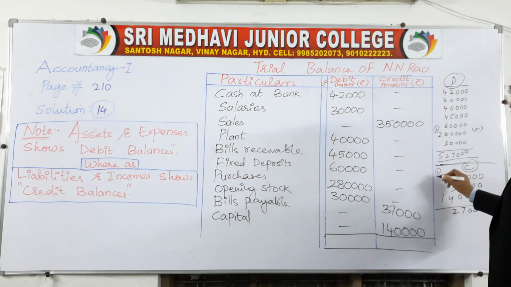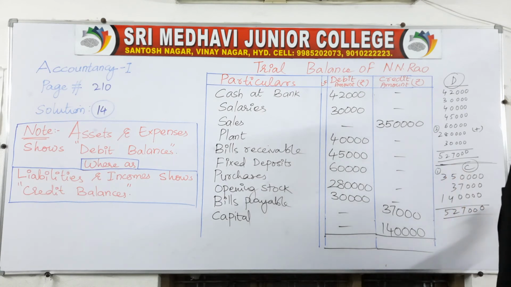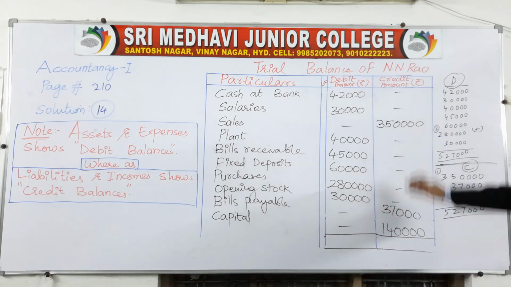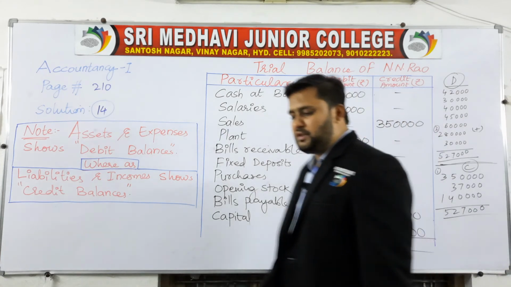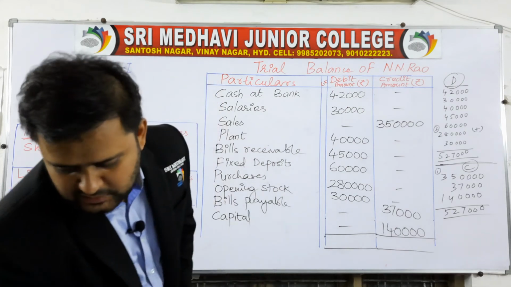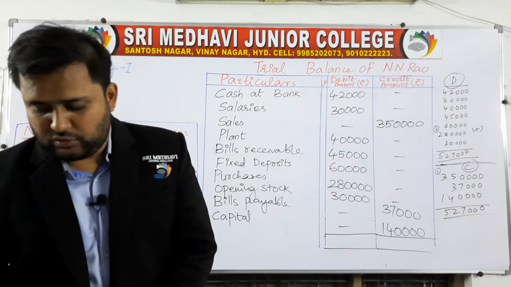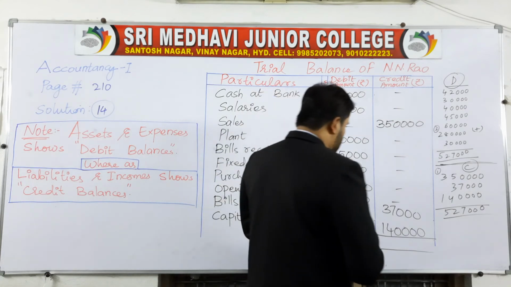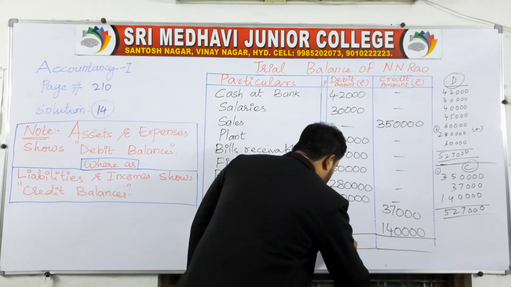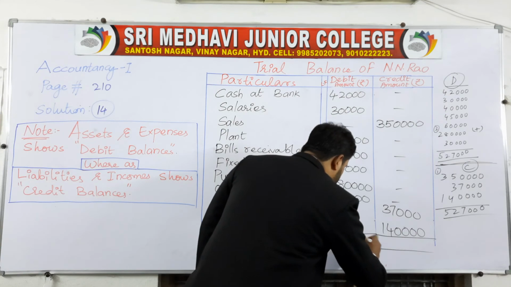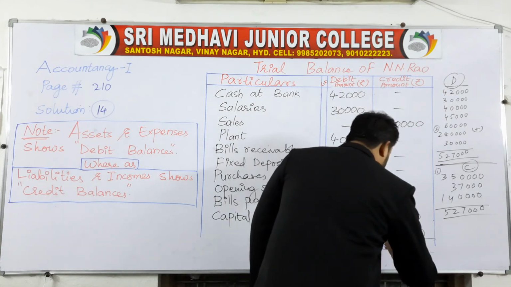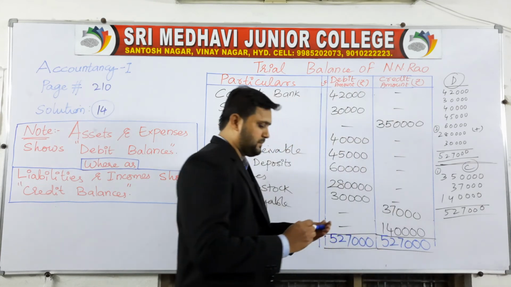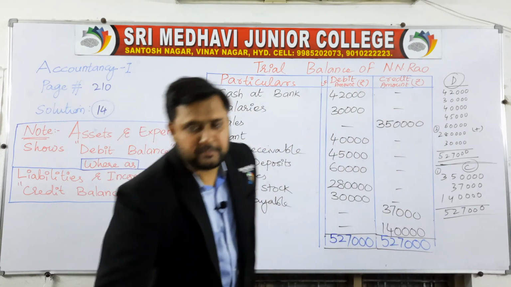Adding them up, yes, 5,27,000. 5,27,000 is the total of debit, and 5,27,000 is the total of credit, which means your trial balance is agreed. So N and Rao trial balance is agreed. How much is the amount? 5,27,000. This is your answer.